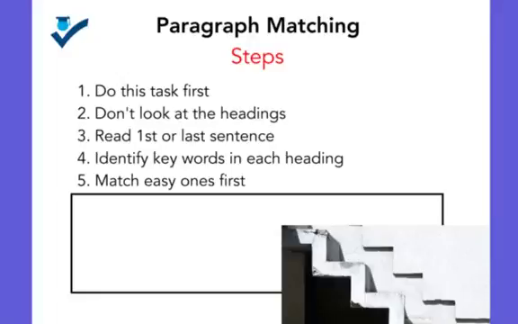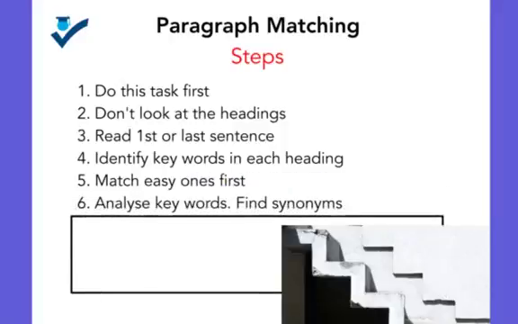So try to match any headings that are very obvious and that you're very certain about, and do those first. And for the ones that are not so easy, try to analyze the keywords and find synonyms between them. If you have two headings that are so close in meaning to each other, put the heading number next to each paragraph, and look at those two headings again.